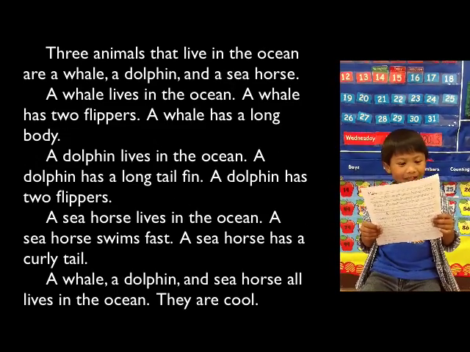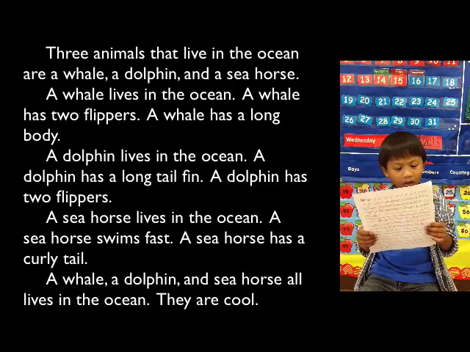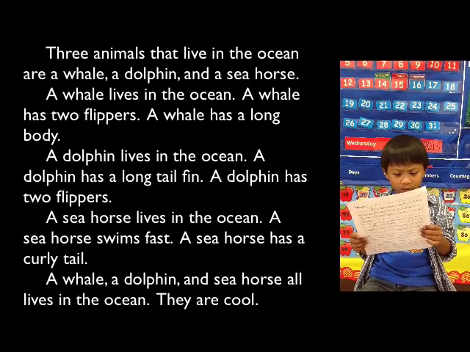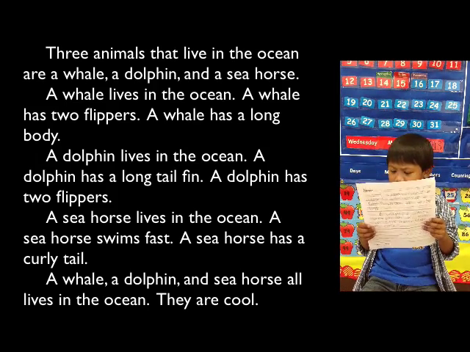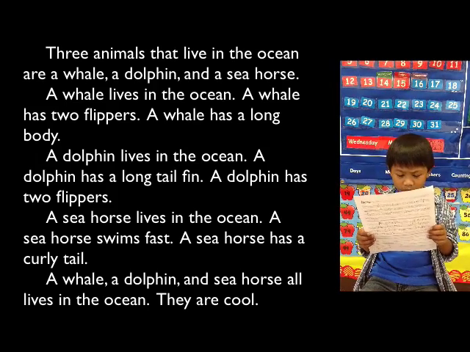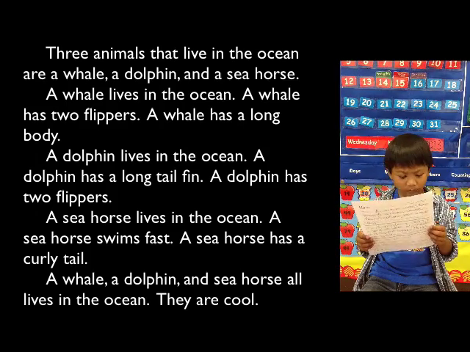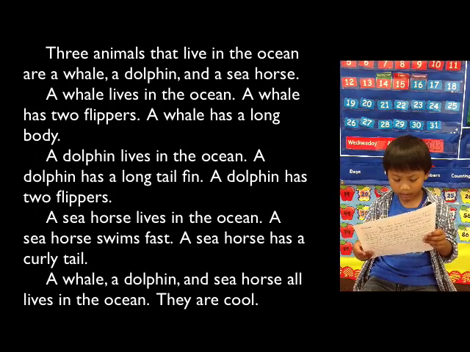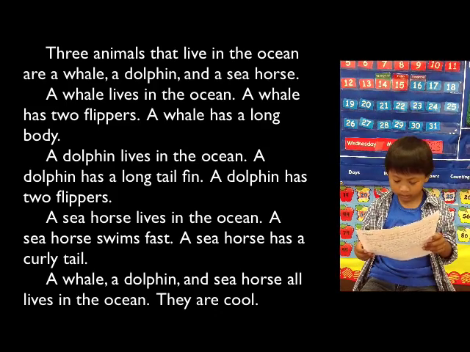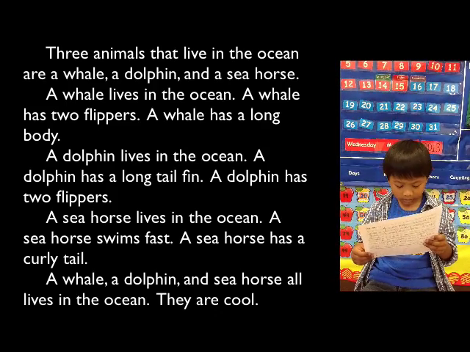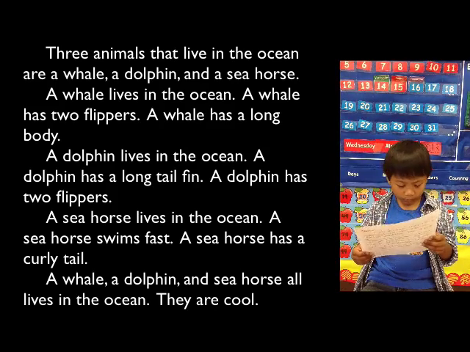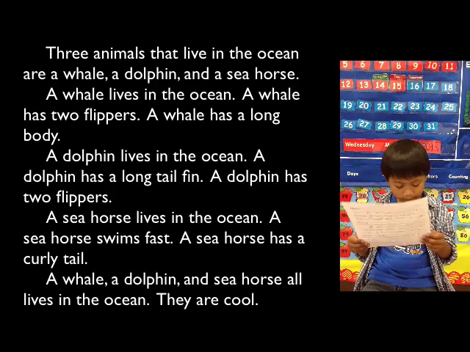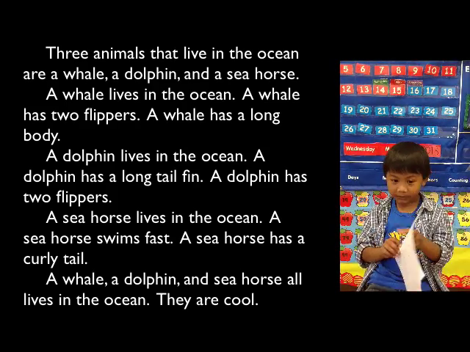3 animals that live in the ocean are a whale, a dolphin, and a seahorse. A whale lives in the ocean. A whale has 2 flippers. A whale has a long body. A dolphin lives in the ocean. A dolphin has a long tail fin. A dolphin has two flippers.